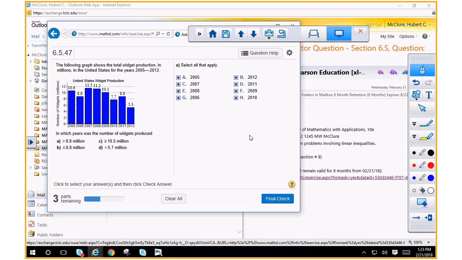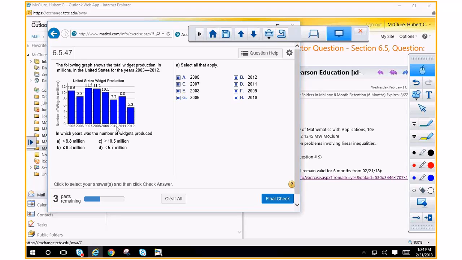The following graph shows the total widget production in millions in the United States for 2005, 2012. Like right now, it's asking what years did it make more than 8.8 million. Well, that ain't what that says. Oh, okay. So each one of these is a question. Yeah. I thought that was a question and it was asking me to pick. Okay. All right. So, which years were less than 8.8?